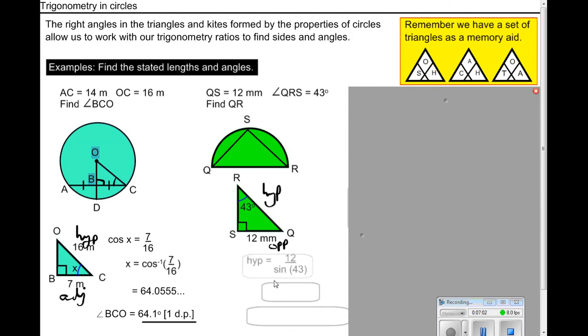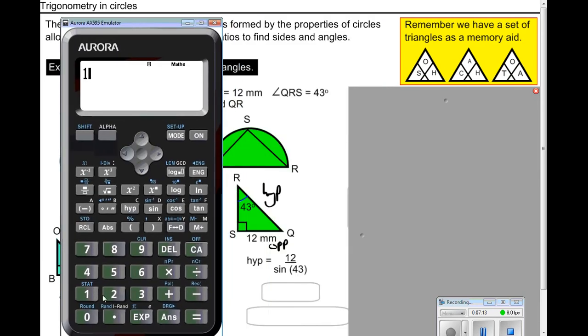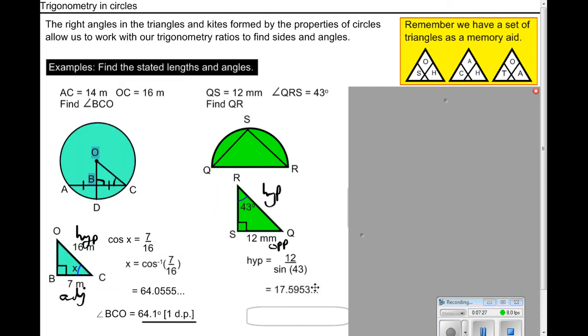So I know the hypotenuse is going to be the opposite 12 over the sine of my angle. So I can type that into my calculator: 12 divided by sine 43, or you can type it in as a fraction. Remember to close your brackets, and write down your unrounded answer. The hypotenuse QR: just write down my rounded answer and round it to one decimal place with my units.